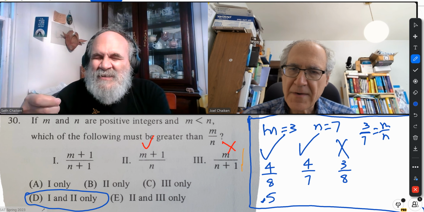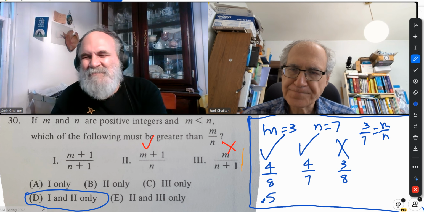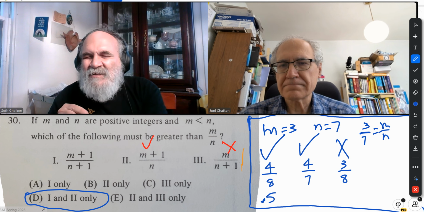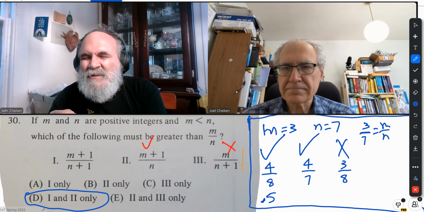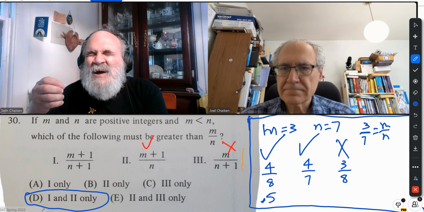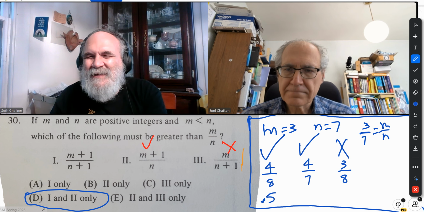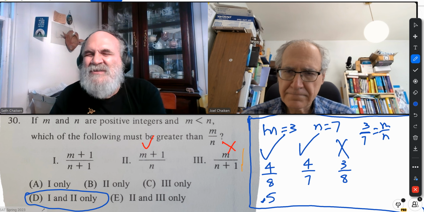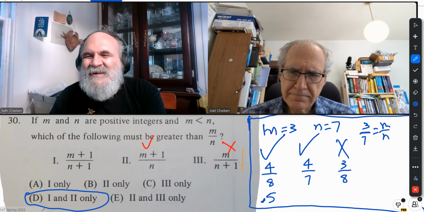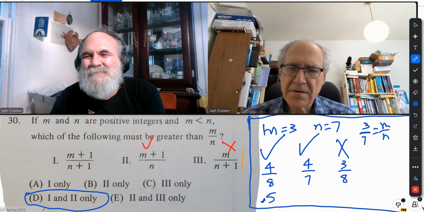So if you add 1, it doesn't make that much difference. n goes up when you add 1 to it, but it doesn't go up by as much of a ratio as a smaller number goes up. So therefore, the top goes up in a greater proportion than the bottom. Therefore, the ratio of the two is greater.